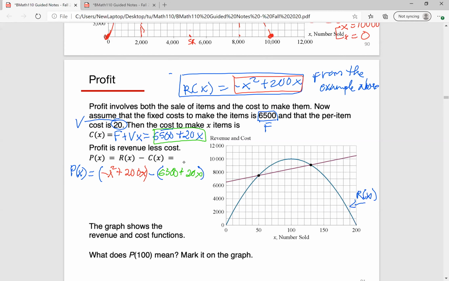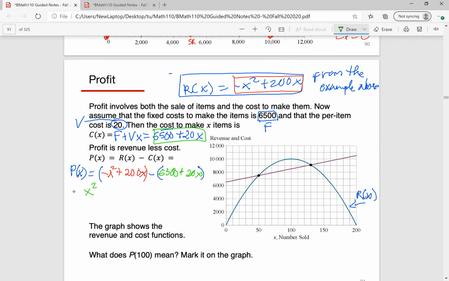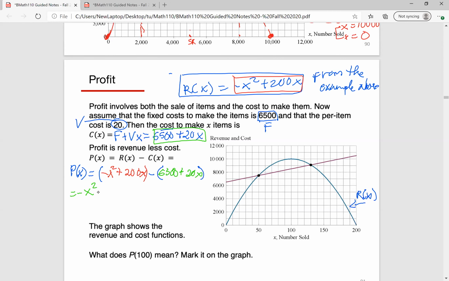And then simplify time. So I'm going to have negative x squared plus 200x minus 6,500 minus 20x.